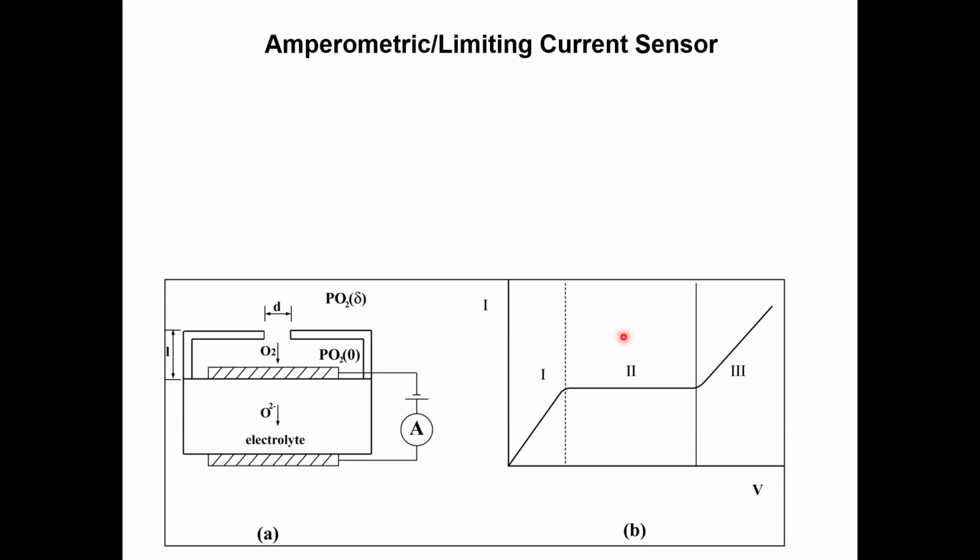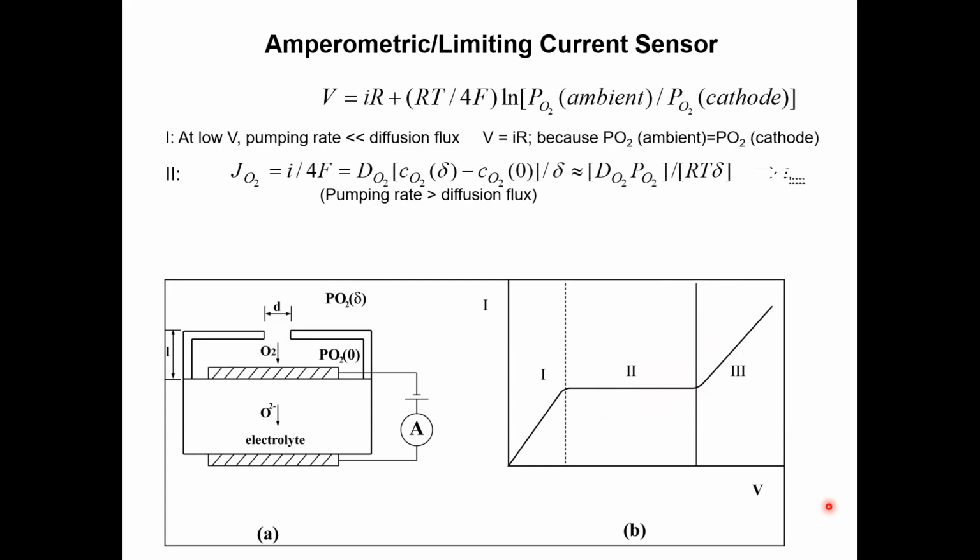So the operating range is this voltage range, where you're measuring this limiting current, and you can relate this limiting current to the oxygen content in the measuring environment. If you change the PO2, you will see that this limiting current will keep on changing. So that's the calibration curve for this kind of sensor.